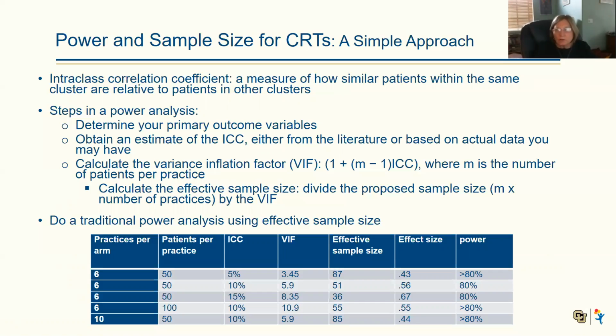And what you see here is that increasing the number of patients per practice, say in a medical practice, has less impact on decreasing the effect size that you can detect as increasing the number of practices.